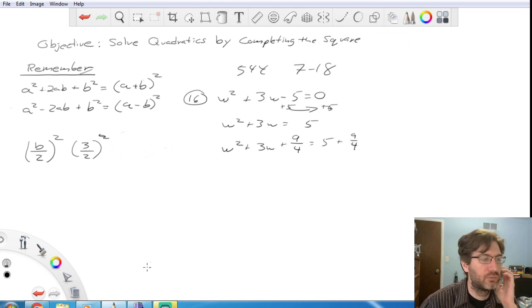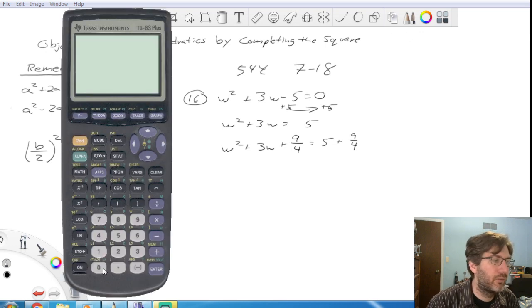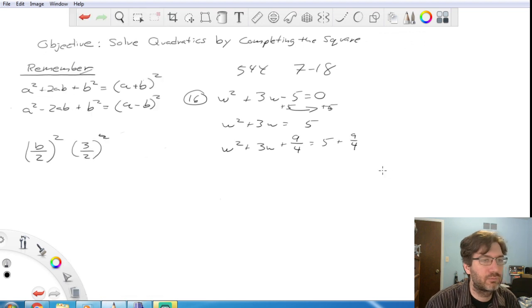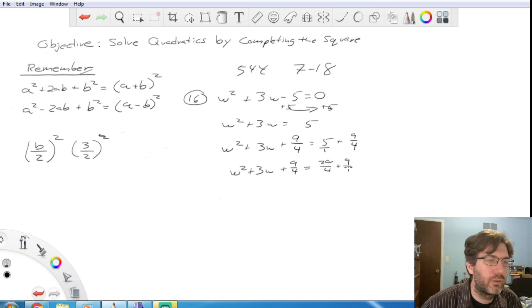Again, you can use your calculator to solve that if you want, or just get common denominators, which isn't too hard either. So that's 5 over 1 times 4 is 20/4 plus 9/4, which equals 29/4.